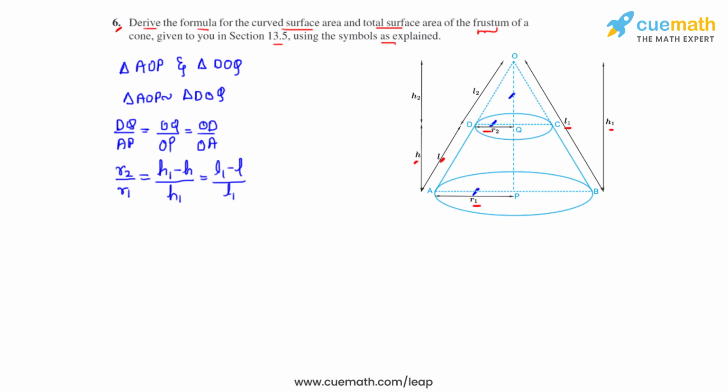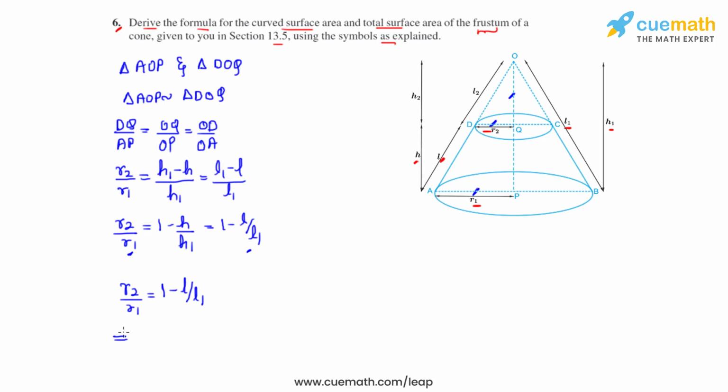Now we can simplify it as R2 by R1 equal to H1 divided by H1, which will be 1, minus H by H1, which equals 1 minus L by L1. What we can do is equate these two parts. So we write R2 by R1 equals 1 minus L by L1.